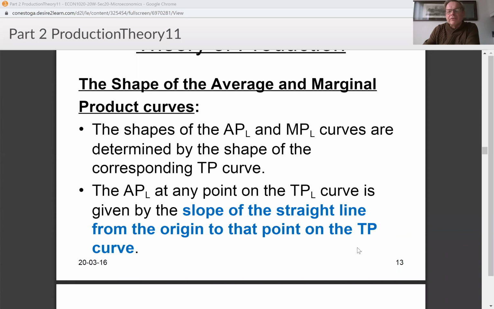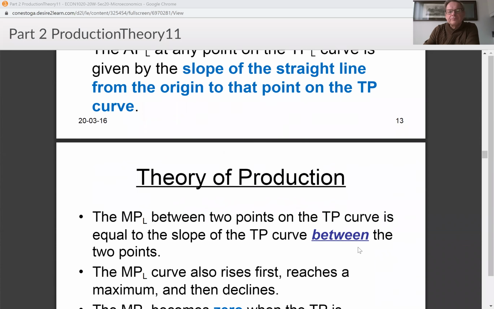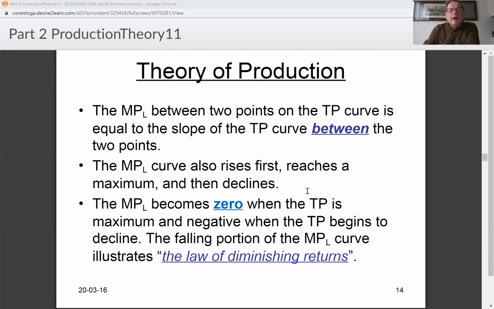Please highlight what's in blue. The marginal product between 2 points on the total product curve is equal to the slope of the total product curve between 2 points. The marginal product curve also rises first, reaches a maximum, and then declines.